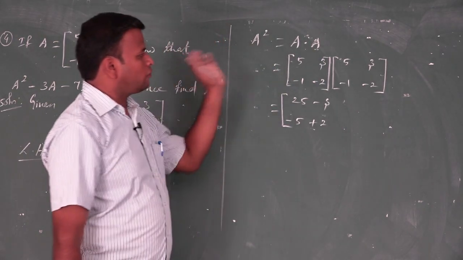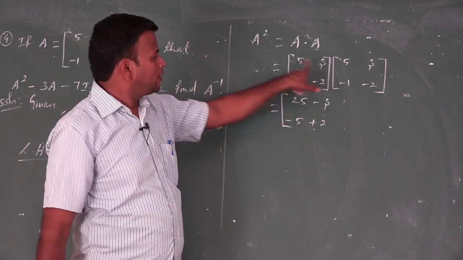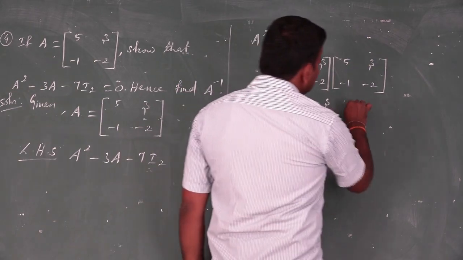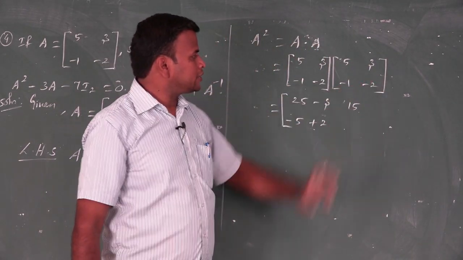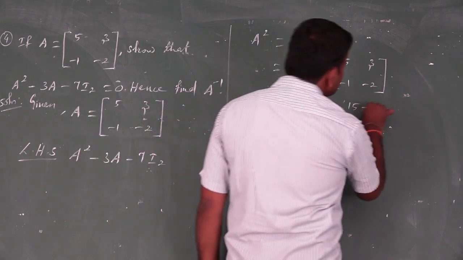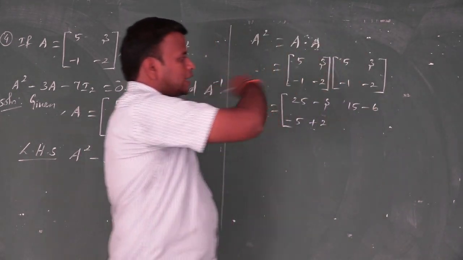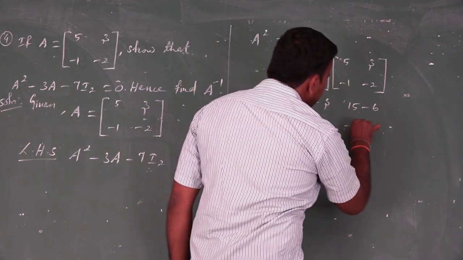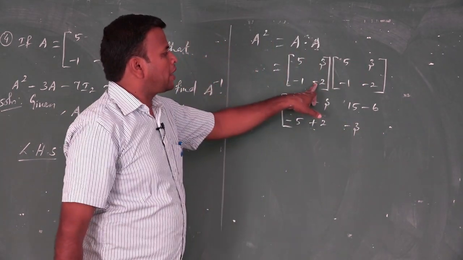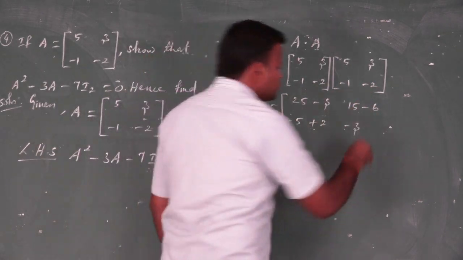Now we take first row, second column: 5 threes are 15, next 3 into minus 2 is minus 6. Second row, second column: minus 1 into 3 is minus 3, minus 2 into minus 2 is plus 4.